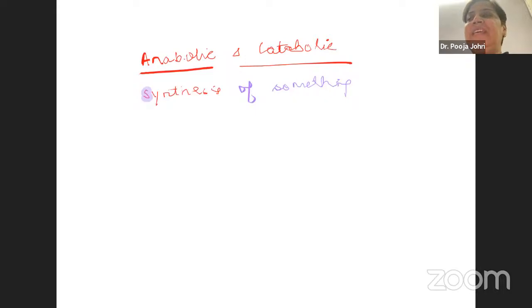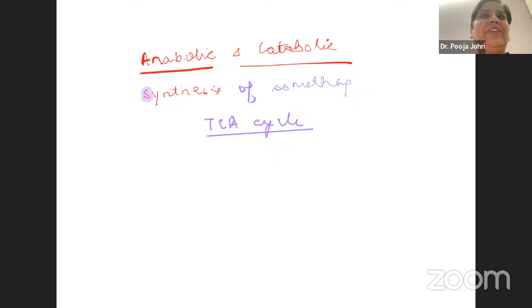So if we synthesize something, it is known as an anabolic process. And if we degrade something, it is known as a catabolic process. ठीक है? अब basically always remember one thing, that for catabolism and anabolism, the TCA cycle is the most appropriate example, isn't it? Because all of you have studied the TCA cycle, right? अब TCA cycle, you know, it stands for tricarboxylic acid cycle, or it is known as Krebs cycle.